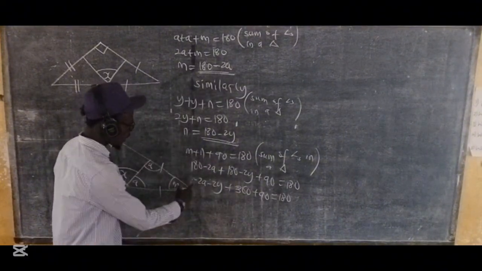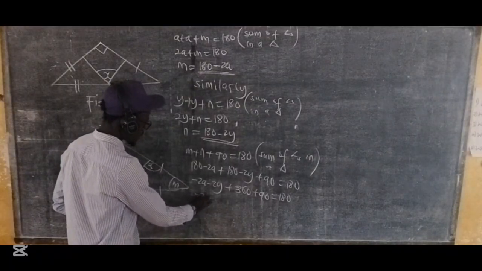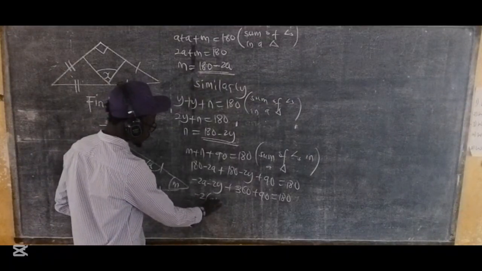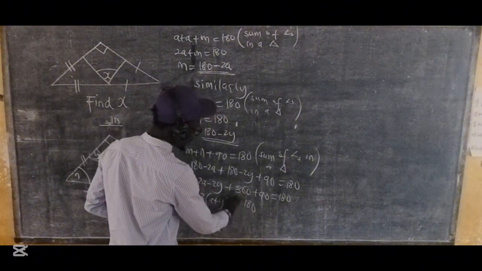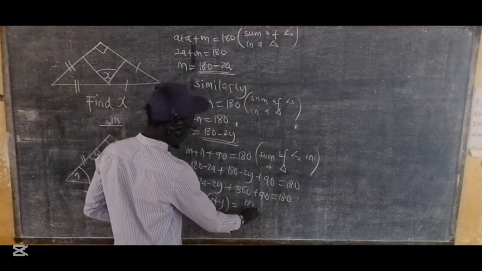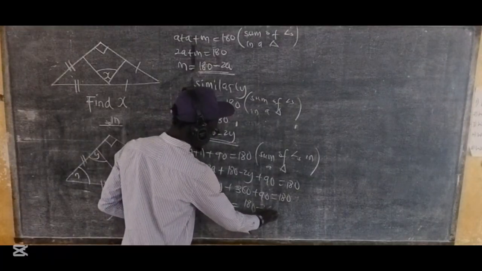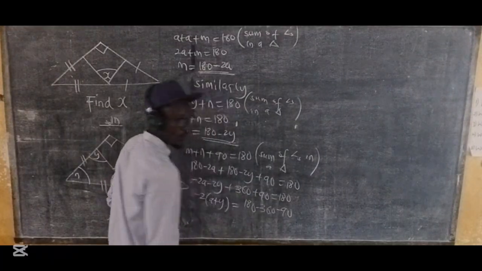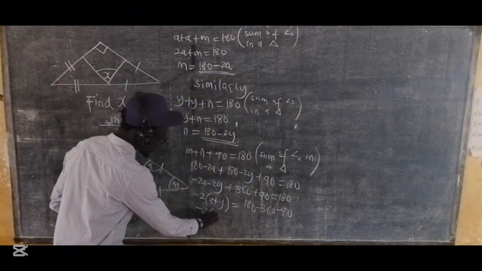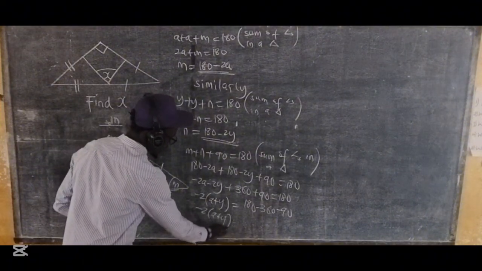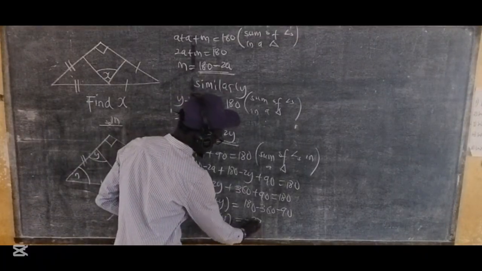Now factorize the minus 2 out: minus 2 into A plus Y, equals 180. If the 450 moves across, we have 180 minus 360 minus 90. So we have minus 2 into A plus Y equals minus 270.